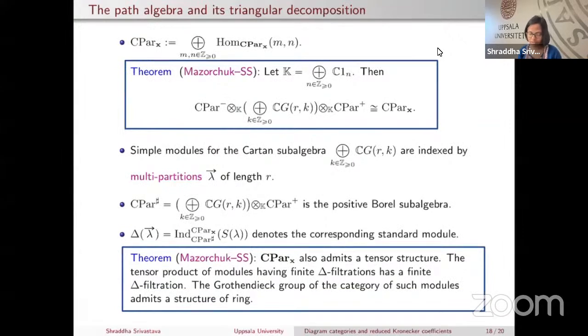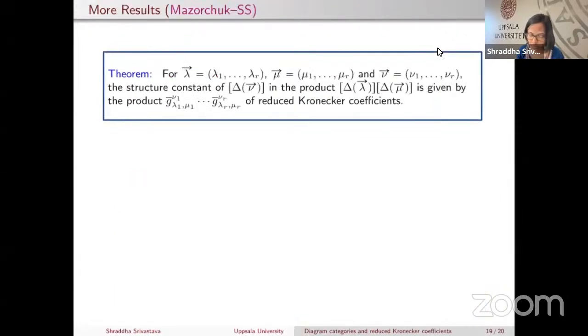And in particular, the Grothendieck group of the category of locally finite dimensional modules over the path algebra having a delta filtration has the structure of a ring. And then we computed the structure constants with respect to that basis in the Grothendieck ring, and we showed that these are given by the R-fold product of reduced Kronecker coefficients.